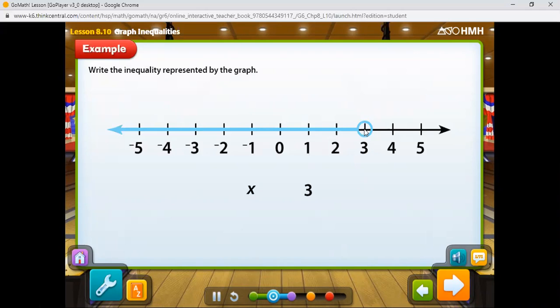Next, where is the shading located? The shading is to the left of 3 on the graph, which shows that the values less than 3 are solutions. Since 3 is not a solution and the values less than 3 are solutions, what inequality is represented by the graph? The inequality represented by the graph is x is less than 3.